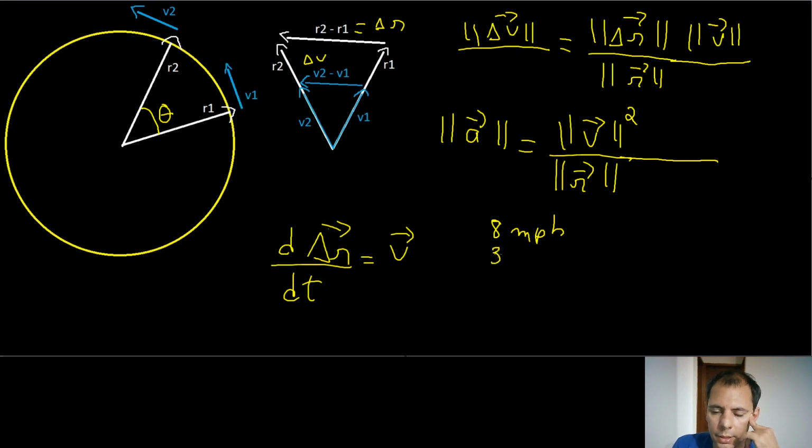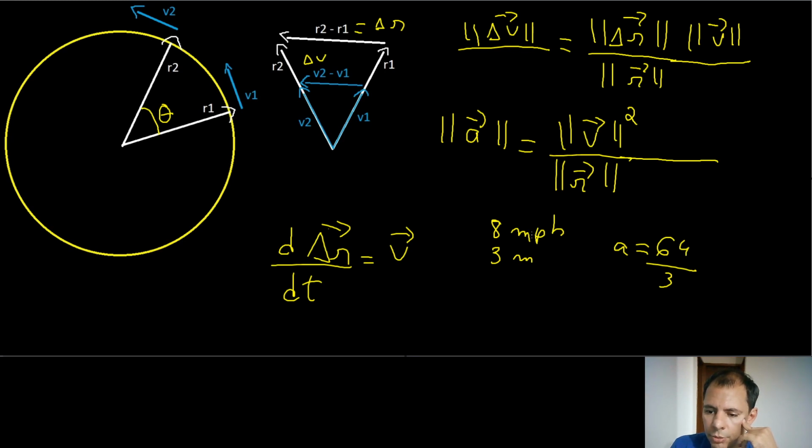This is the radius. So the radius, let's just put miles too, because if it's miles in here, it's got to be miles in here. So what is the acceleration? Now this is a scalar, this is not a velocity. The acceleration is going to be the square of the velocity, which is 64, divided by the radius, which is 3. So it's just this.